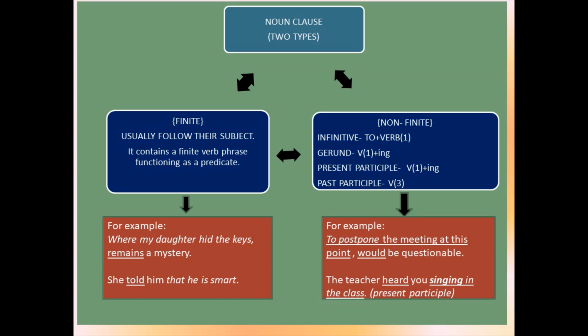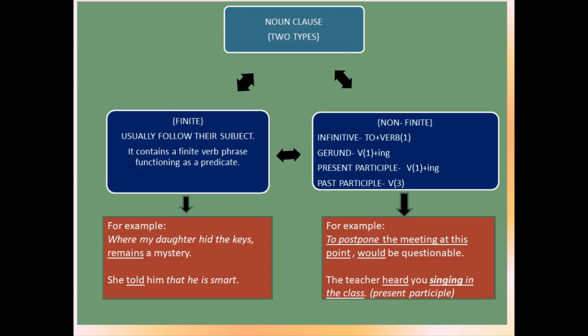A finite noun clause usually follows its subject. It contains a finite verb. Now, when I'm talking about all this, please keep in mind the noun clause, which means it contains a subject and a verb. So it contains a finite verb phrase functioning as a predicate.